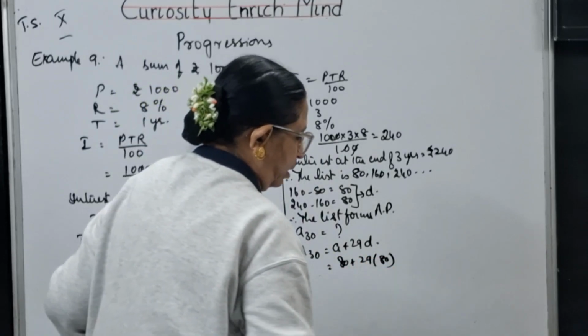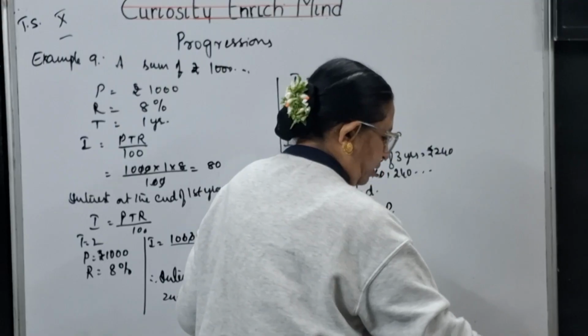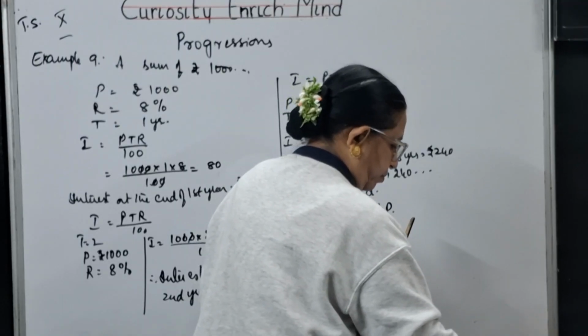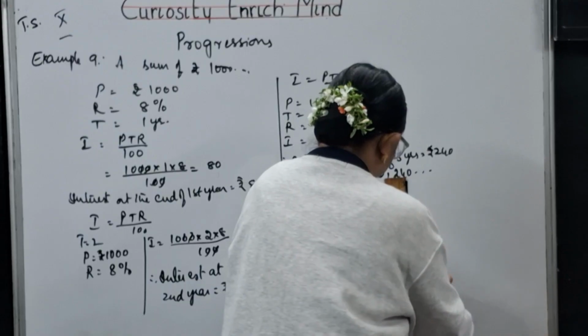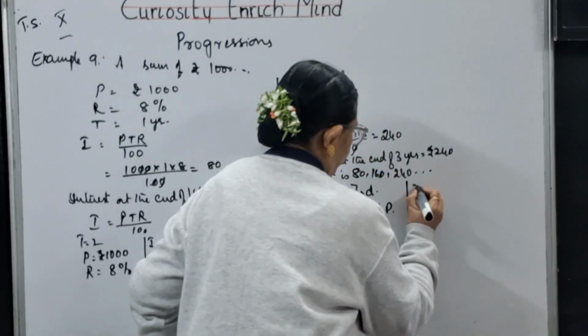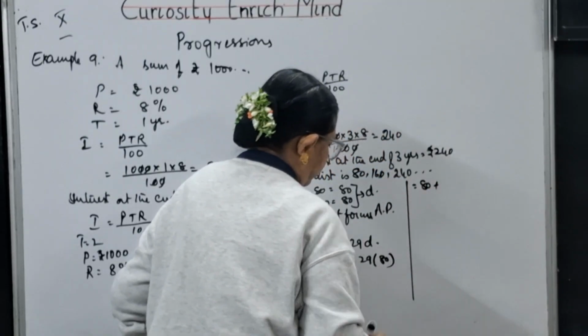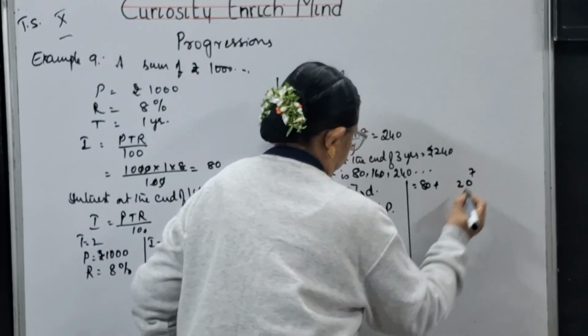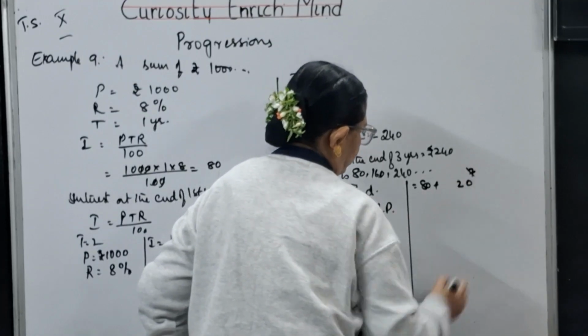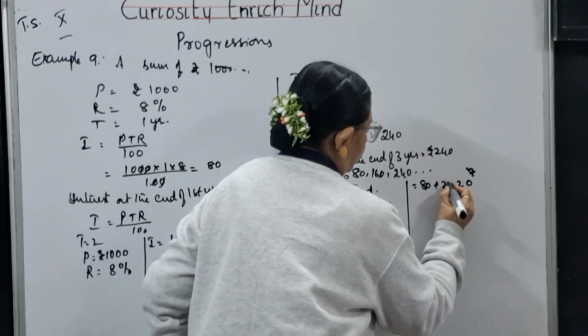So 80 plus 29 into 80. 8 9s are 72, 8 2s are 16, 23.